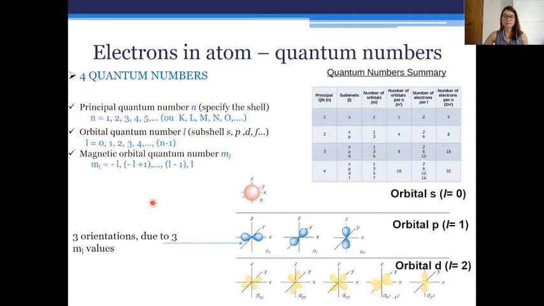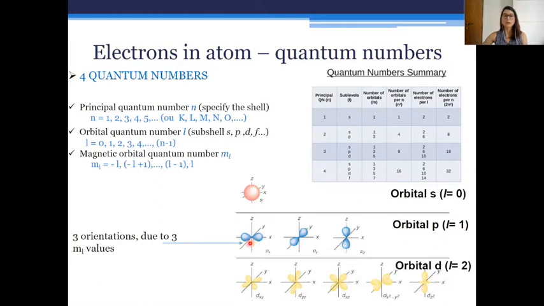And you can see that if I represent 3 axes to represent space, I will be able to represent 3 orbital orientations, one around each axis.